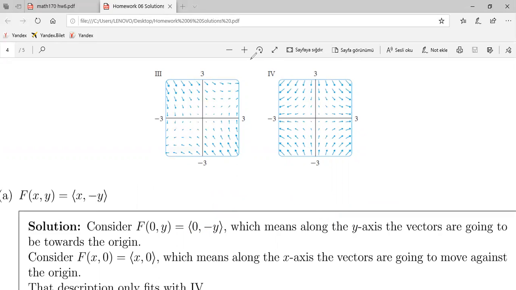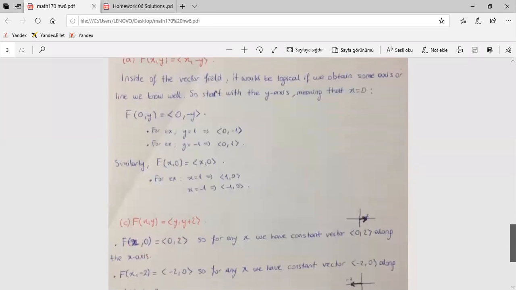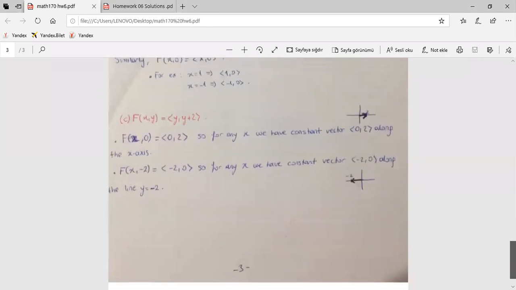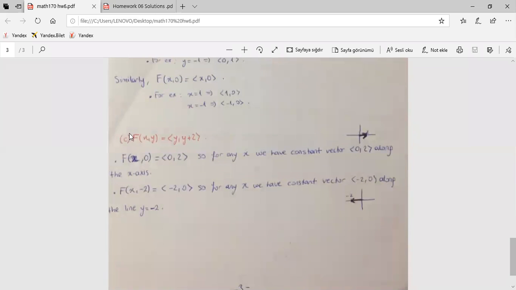Let's do that for the third part of this question. Now we have this function f(x, y) = (y, y + 2). Now we plug in y equals 0 and get the vector (0, 2), right? Let's first write the coordinate system.